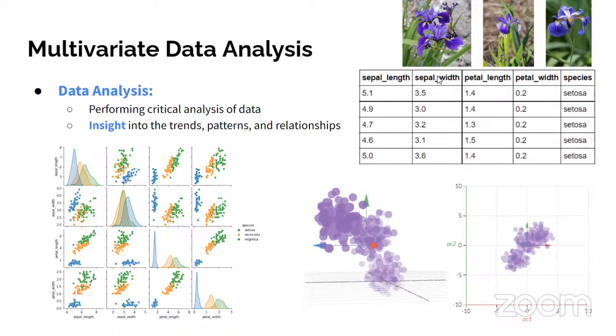You have four different features: sepal length, sepal width, petal length, and petal width. Based on this, you will guess which type of flower it belongs to. So you have setosa, virginica, and versicolor. Those are different species. Based on these measurements, you have to decide which species that particular flower belongs to.